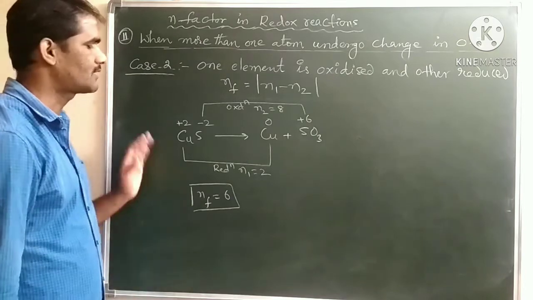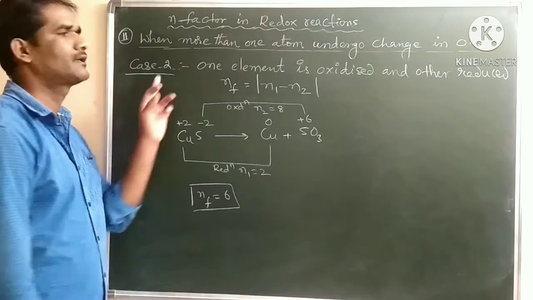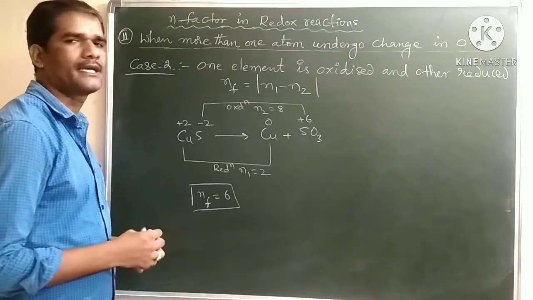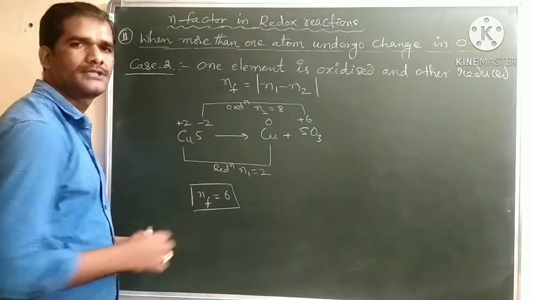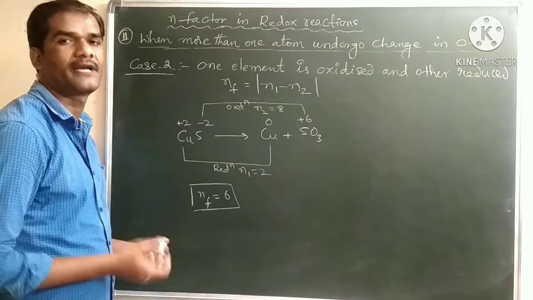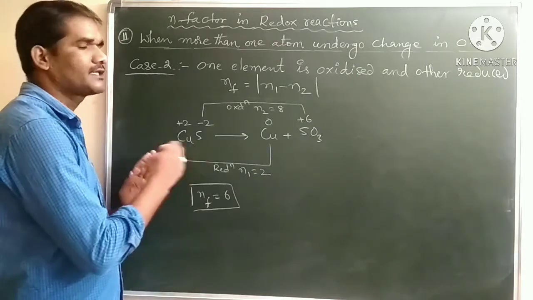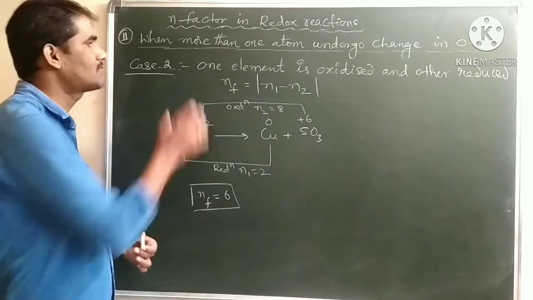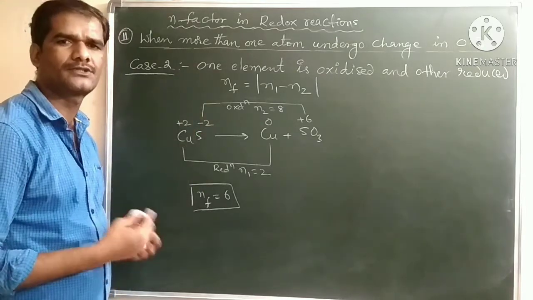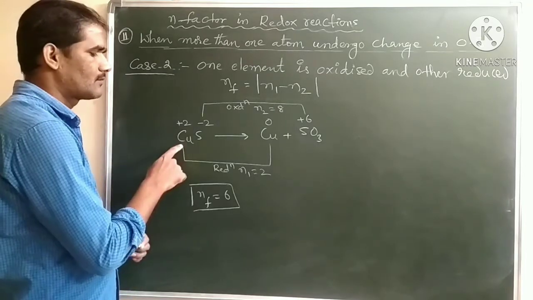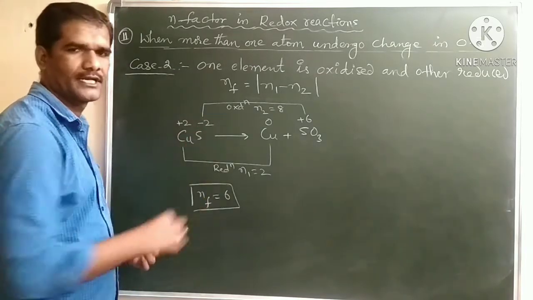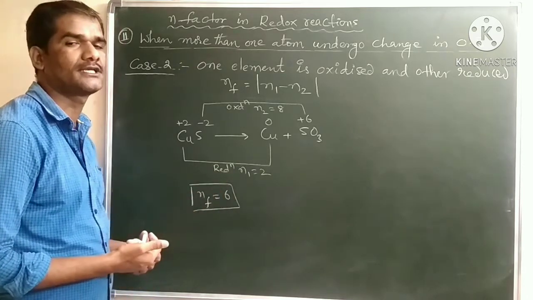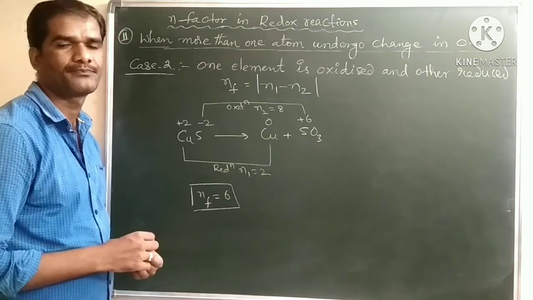So this is the n factor for this molecule, where one element is oxidized and the other is reduced, and in that case the changes in oxidation states are different. If the changes in oxidation states are the same, that is another condition. Again, this is case 2. Let us assume that sometimes the change in oxidation state for reduction and the change in oxidation state for oxidation may be the same.